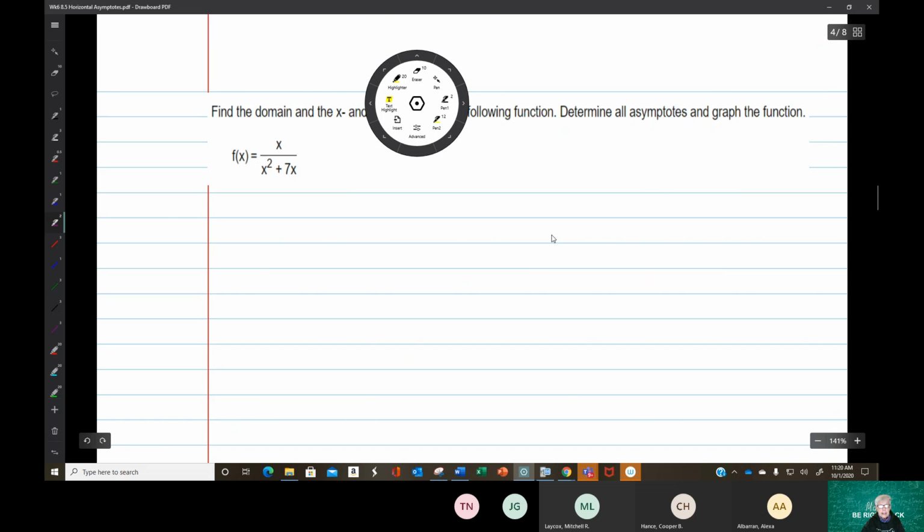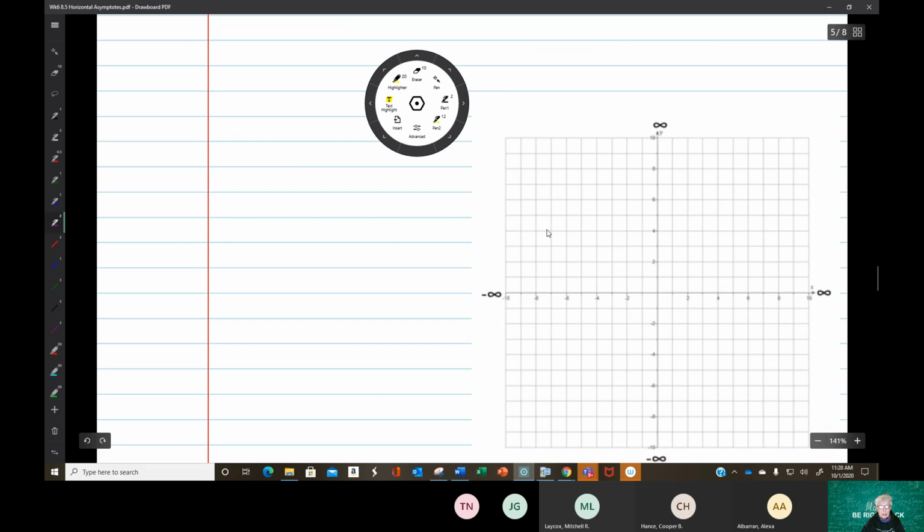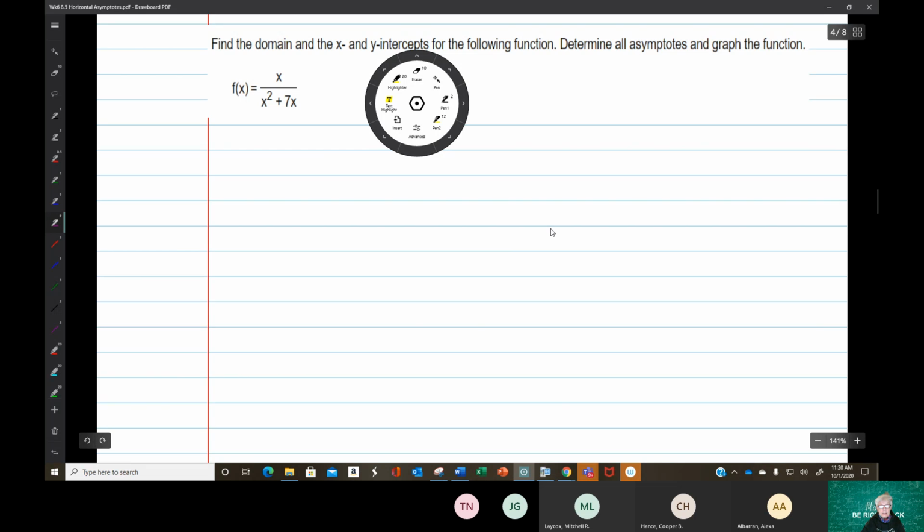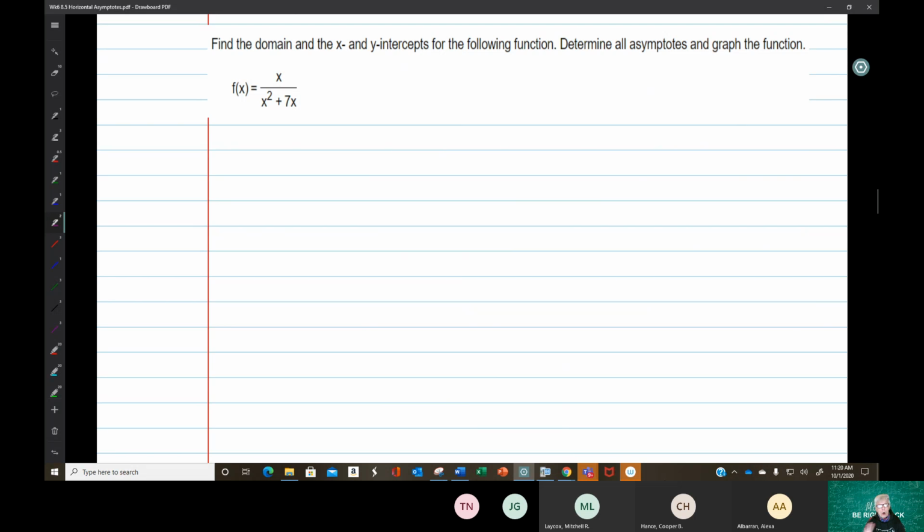Let us move along to this. And let's analyze this. My order for doing it, again, does not necessarily have to be yours, as long as you get all the questions answered. But I always start with domain because that's the most important part.